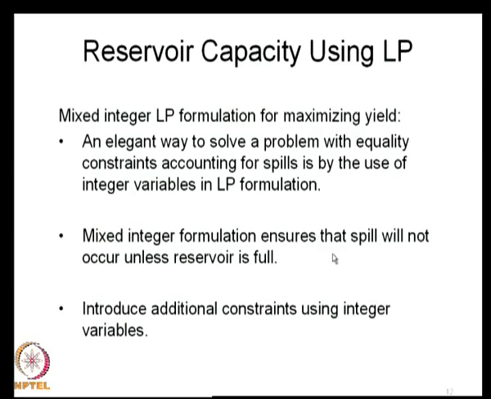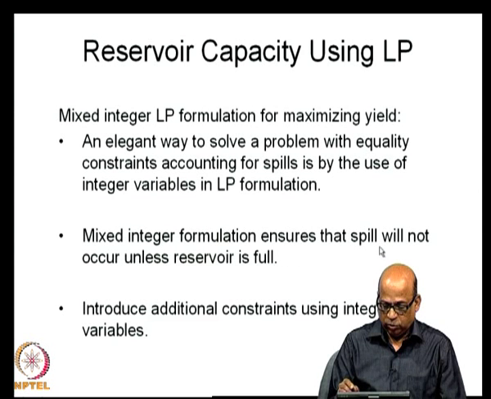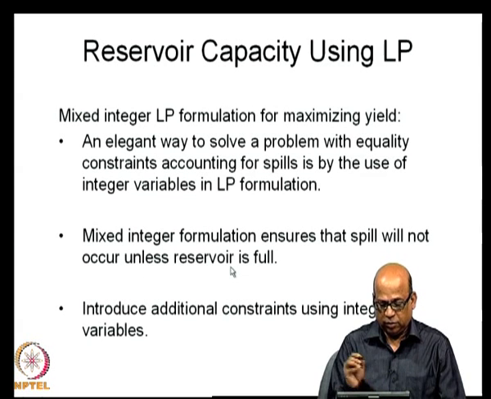This is what we do in what is called a mixed integer formulation. That means, some variables we introduce as integers and all other variables will be real variables. So, this is what we call a mixed integer problem, and we formulate this to ensure that the spill will not occur unless the reservoir is full.